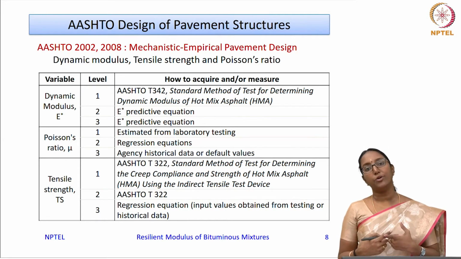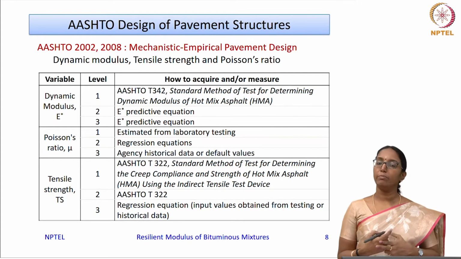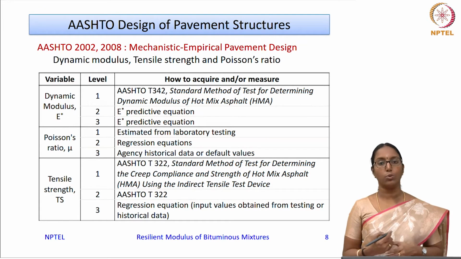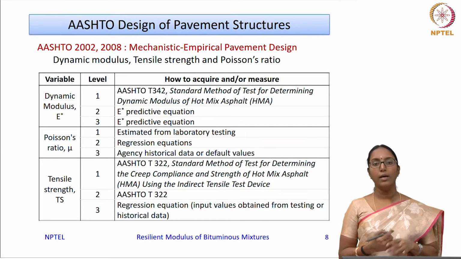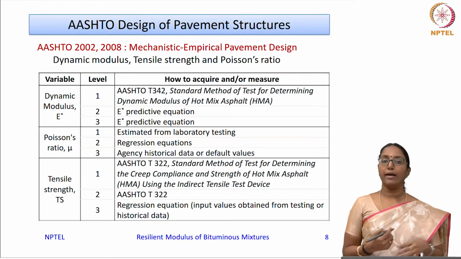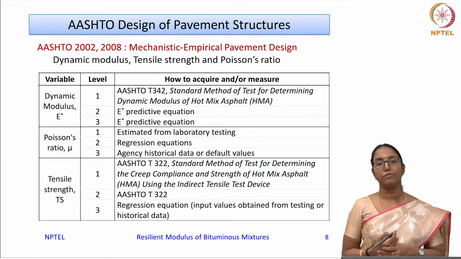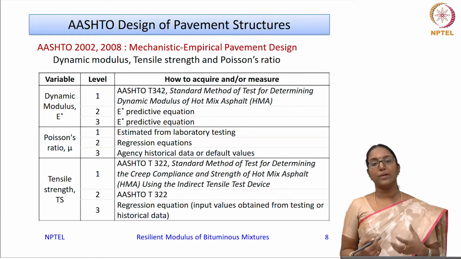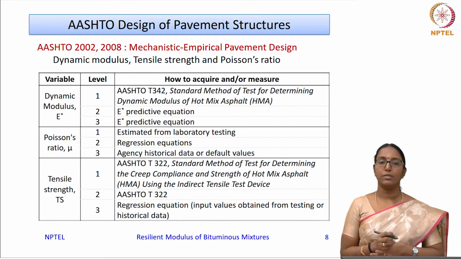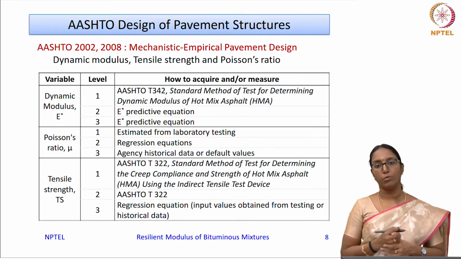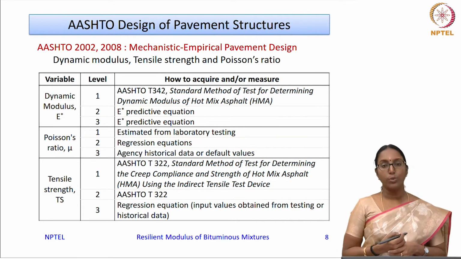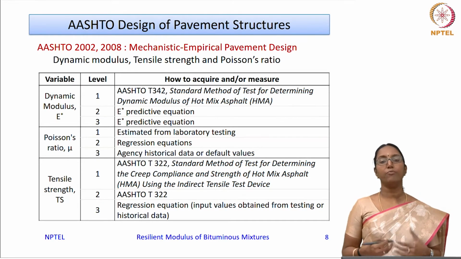The computation of dynamic modulus and development of master curves will be discussed in other lectures during this course itself. So MEPDG allows you to have three levels of design: level 1, level 2 and level 3. In level 1, it is expected that you conduct laboratory investigations to determine the dynamic modulus value as well as the Poisson's ratio, whereas in level 2 and level 3 you can use predictive equations.